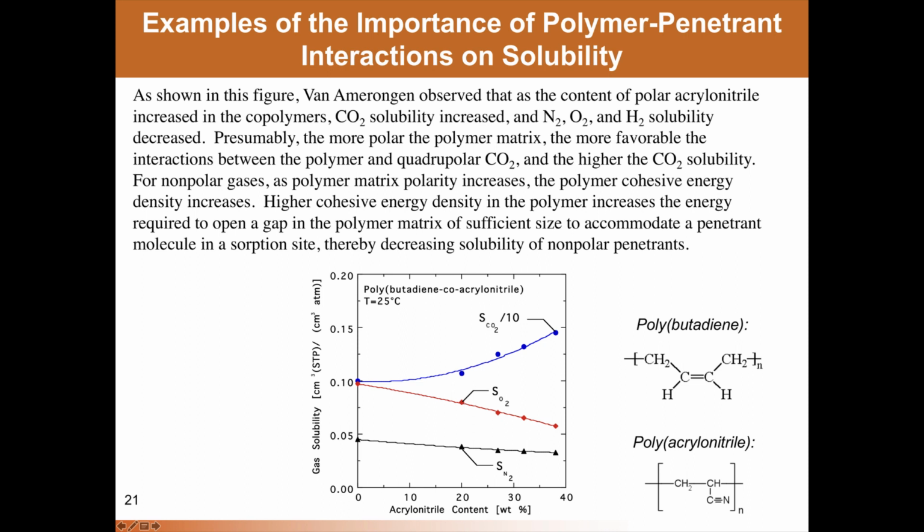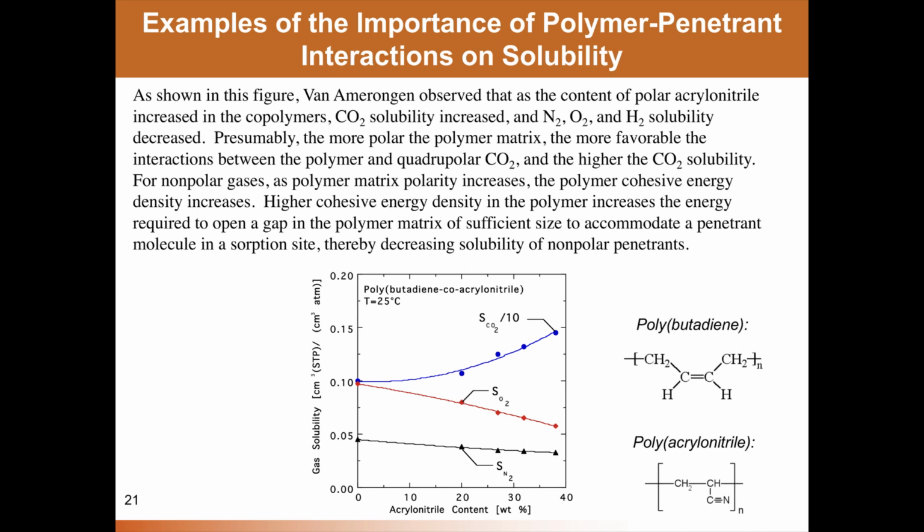As the polymer matrix is more and more polar, it has, in Hildebrand's terminology, a higher and higher cohesive energy density. The polymer molecules have a higher tendency to stick together. The energy of interaction between them is stronger.